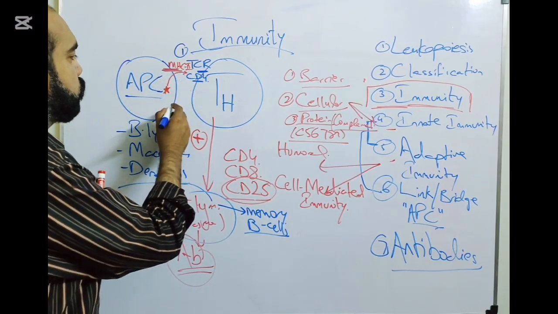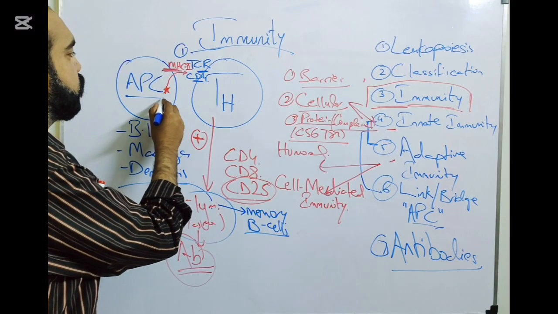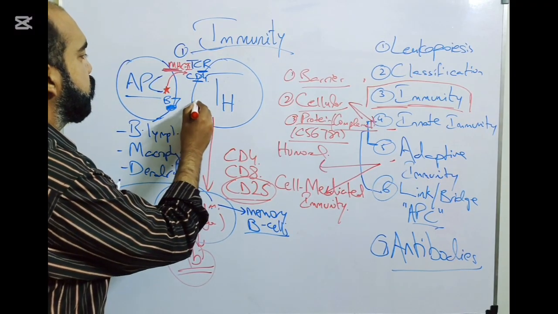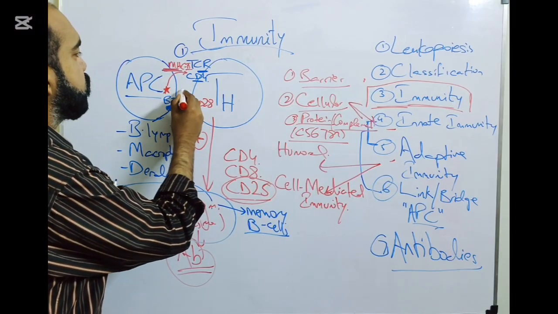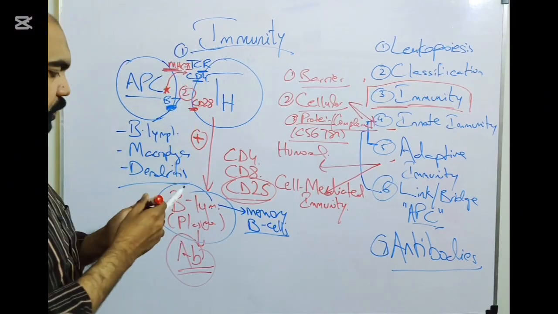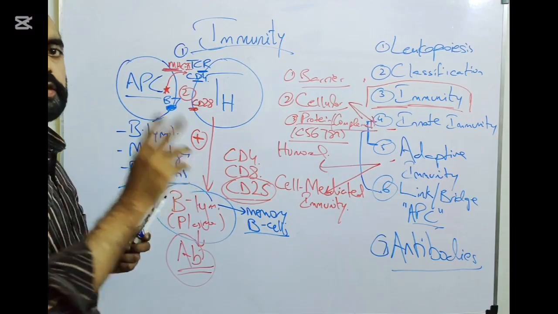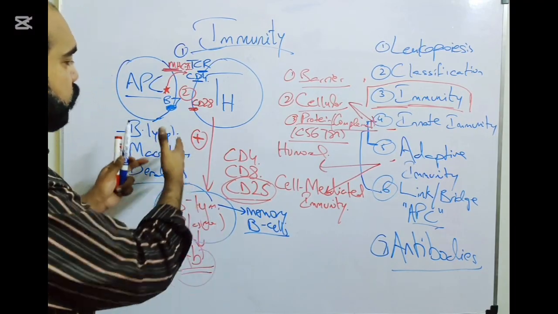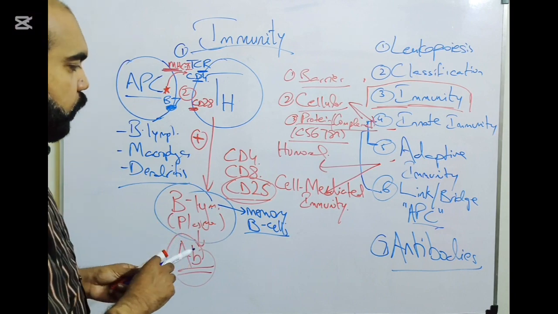And just quickly, there is also one more signal. Here is B7 and here is CD28. So this is the second signal, this is the first signal. Both of these two signals should be functioning normally for a specific immune response.